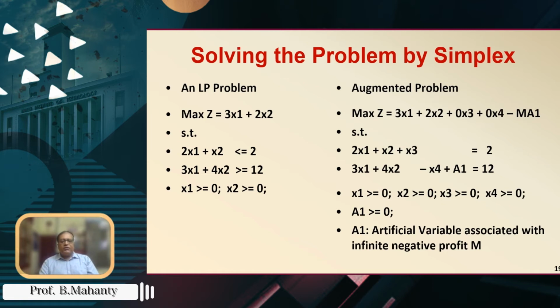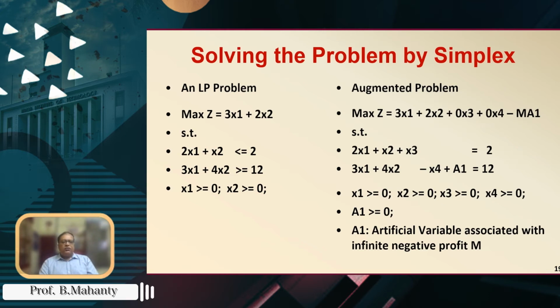Now we know the artificial variables have no physical significance. They are taken simply to bring the problem into a canonical form, so that initially x3 and a1 would be in the basis, and together they will form the unity matrix. X4 cannot form a unity matrix because x4 has a -1 coefficient.